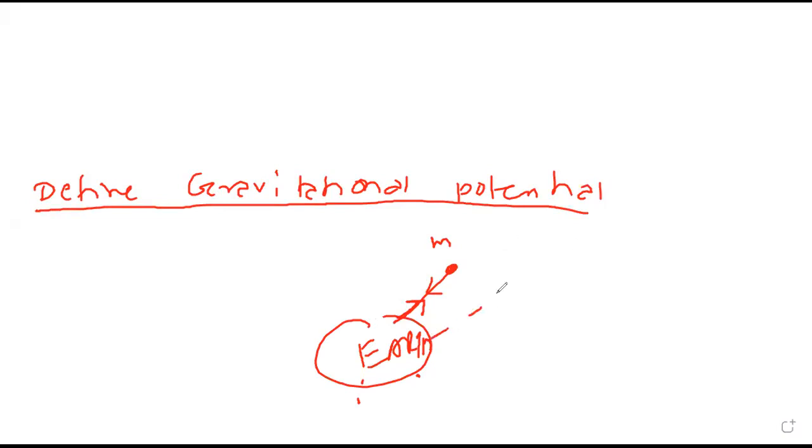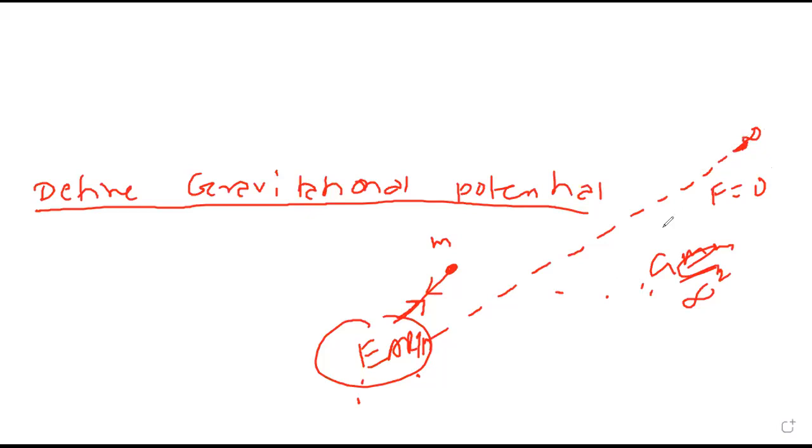If I go on moving away to infinity, what is gravitational force at infinity? Zero. Very good. Because r is infinity, so G M m upon infinity square will become zero. So if there is no force at infinity, I can easily move any mass without any opposition.